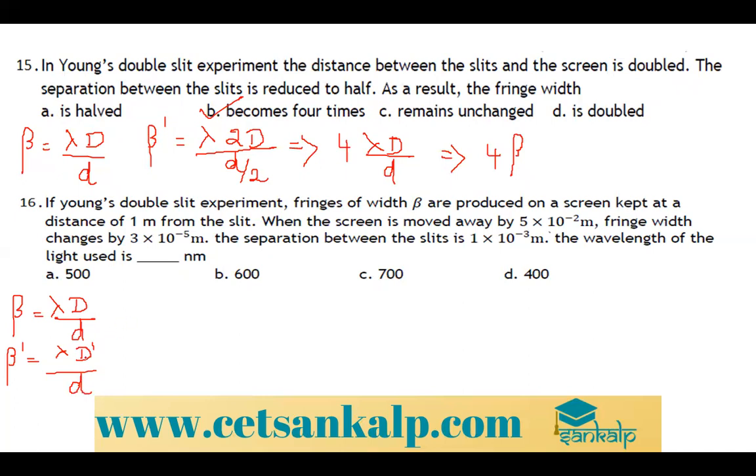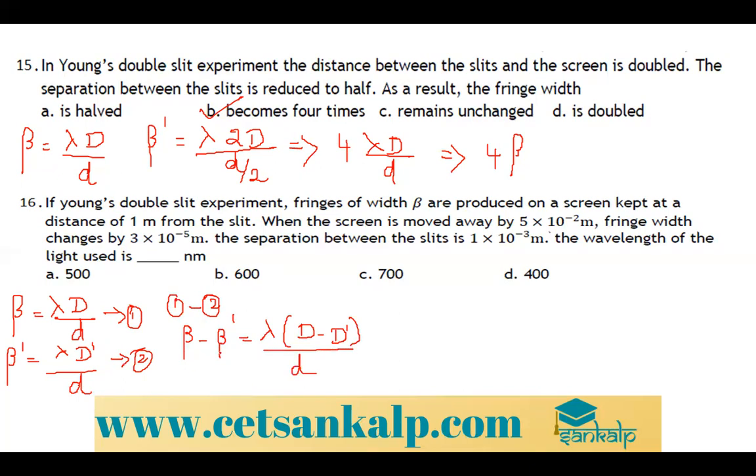Okay. So now we are going to take this as equation 1 and this as equation 2. Now we are going to subtract 1 minus 2. So beta minus beta dash is equal to lambda, which is common, into D minus D dash divided by d.